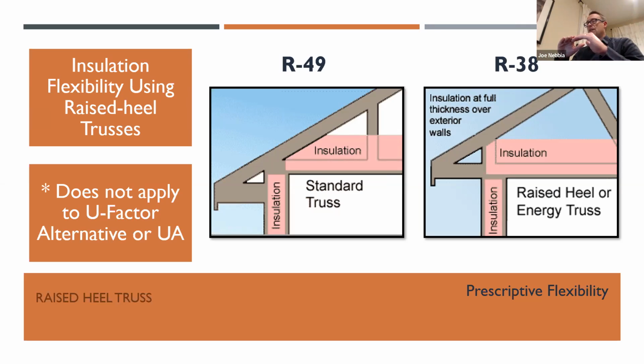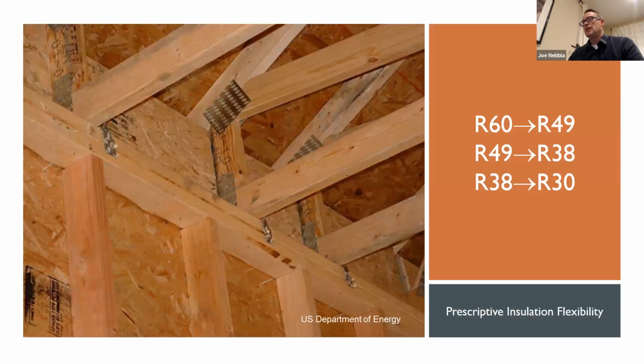So if you can extend uncompressed that R38 all the way across the attic and over the top plate, then you don't have to do the R49 and you can still do the prescriptive table. That's just a picture of a raised heel truss. That makes the attic perform better because it's not being compressed at the eaves.